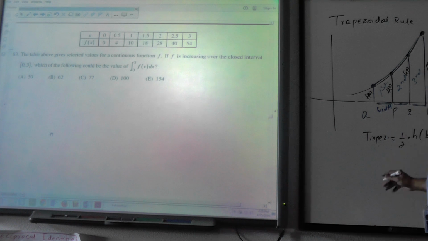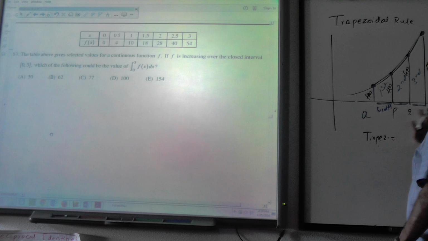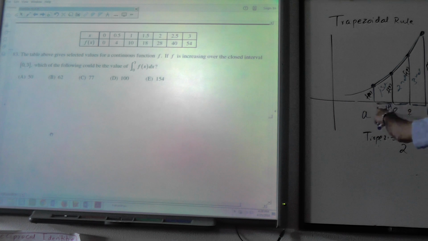When there is a formula I'll give it directly, as there's no time to explain all this. So it is h over 2 times f(a), plus twice f(p) plus f(q), since these are repeated, and then the last one is only once.